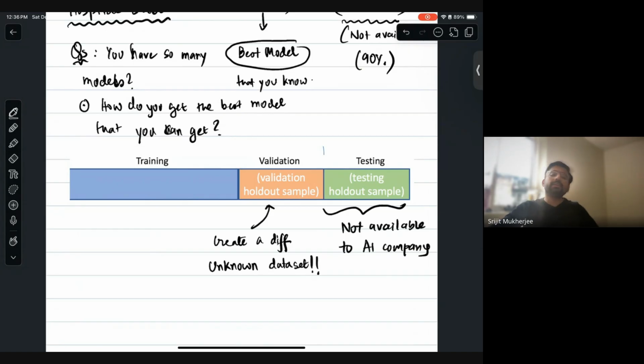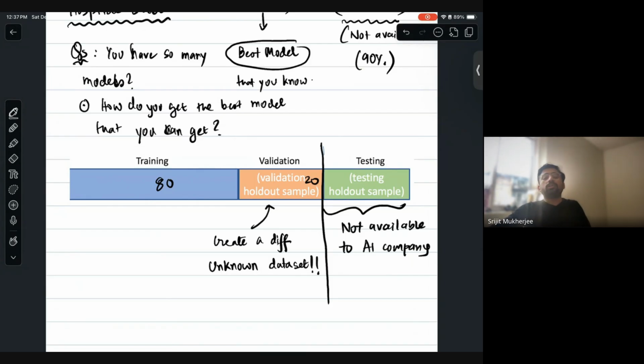Do you understand? Whatever data I give, you divide into training plus validation, let's say an 80-20 split. Because you have so many models to work on, you want to know the validation accuracy.